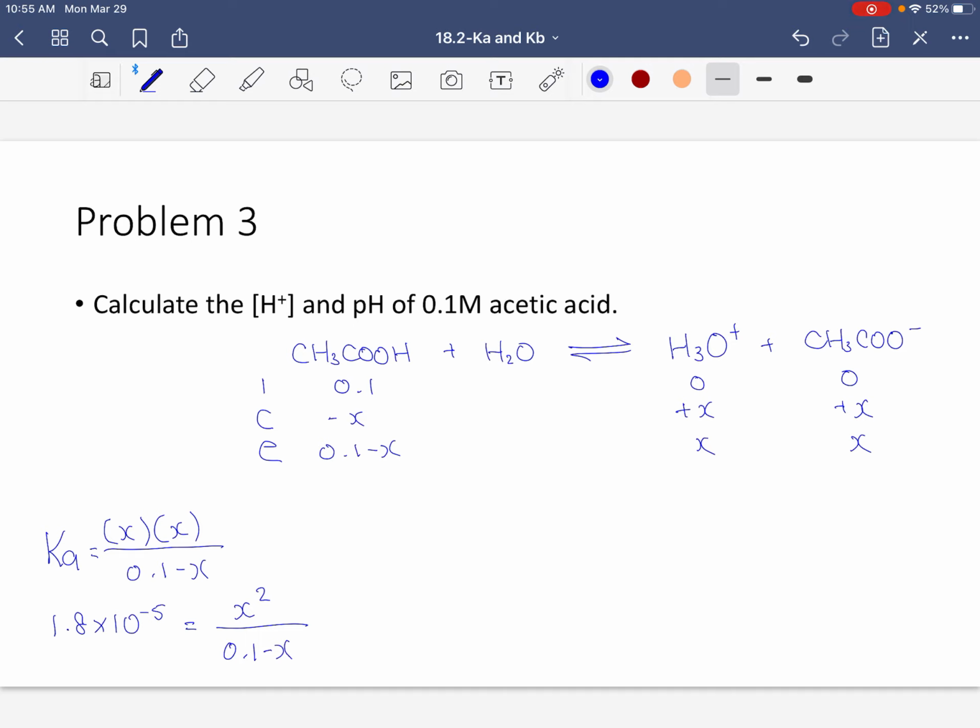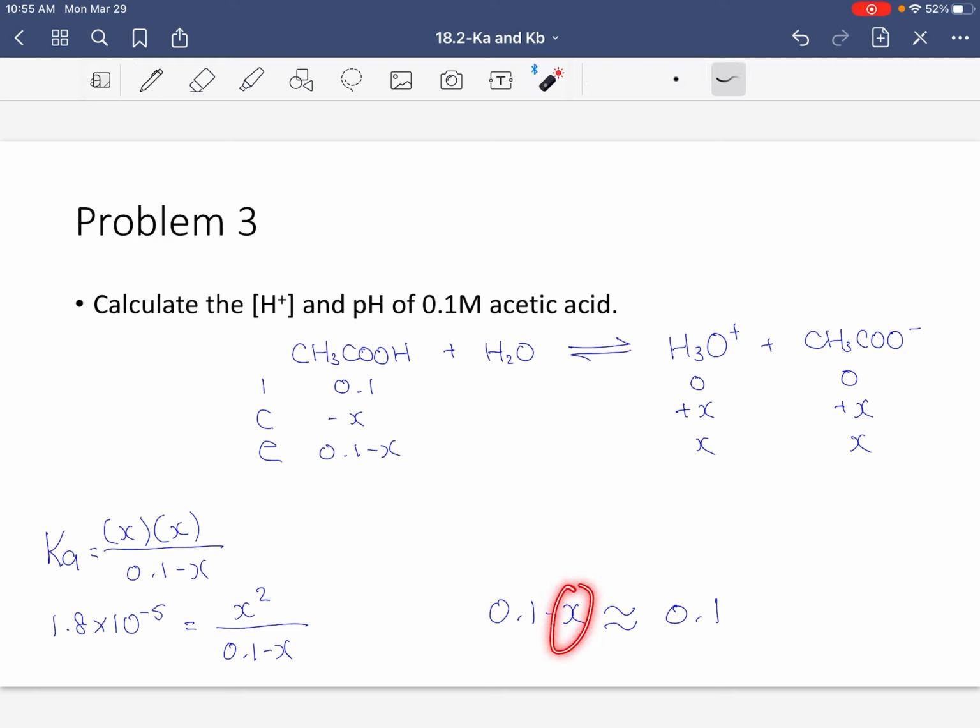Now remember, when we were looking at equilibrium, we had a little rule called the 100 rule, that if you take the initial concentration and you divide that by the equilibrium expression, and if that number is greater than 100, you can make an assumption like this. 0.1 minus x is sort of just 0.1.